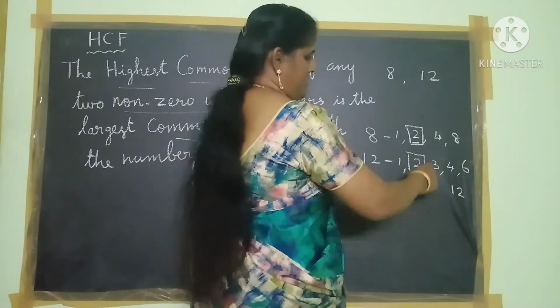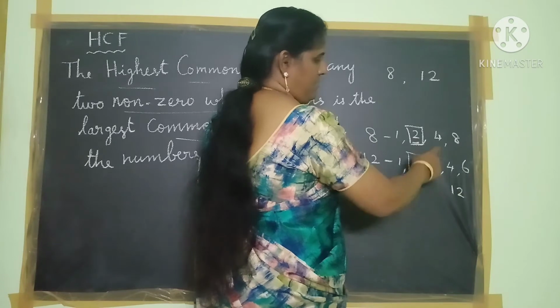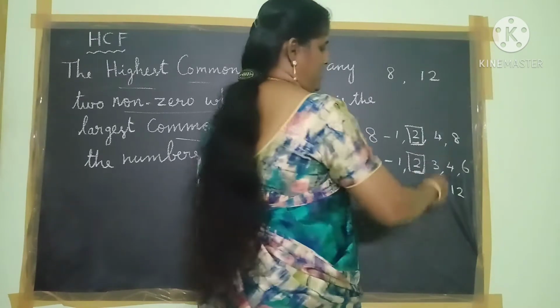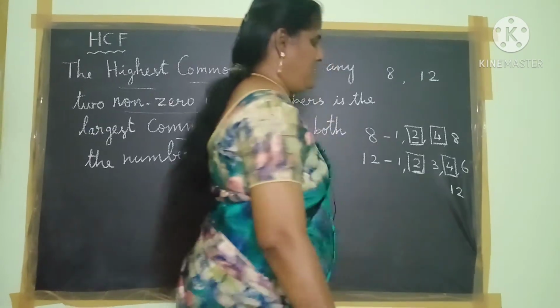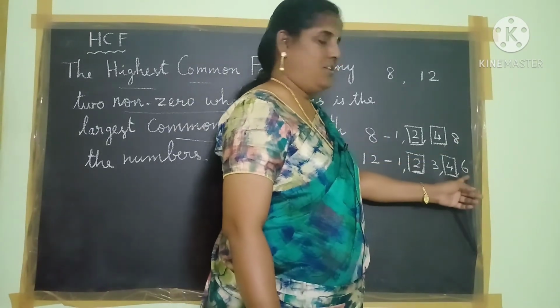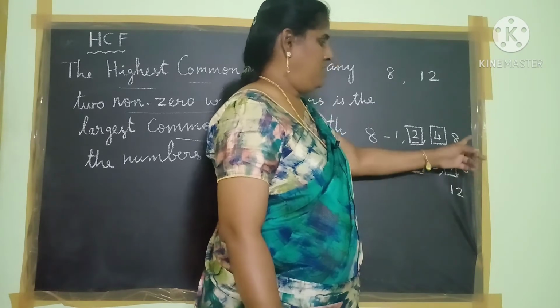Next number is 3. Here is 3 but in 8 there is no 3. Next is 4, and here also 4. Here 8 is given, but 8 is not in the factors of 12. 6 and 12 are also not there.